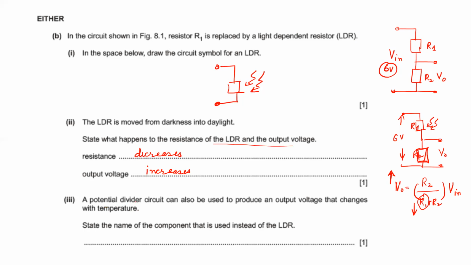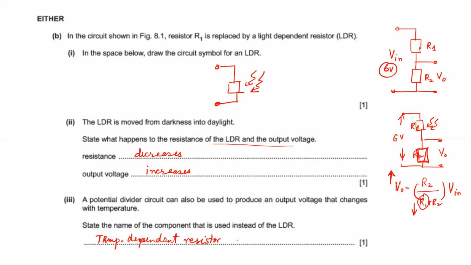Then it says the potential divider circuit can also be used to produce an output voltage that changes with temperature, okay. State the name of the component that can be used instead of an LDR. So the LDR is a light dependent resistor, so we need a temperature dependent resistor.